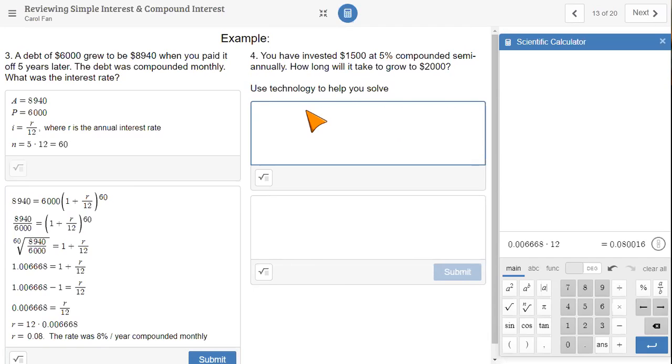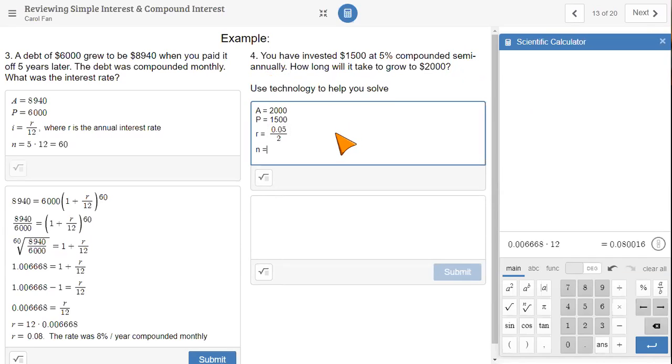Right, first, we want to know when it's going to grow to $2,000. So that's the final amount that we want. The original investment, $1,500. The rate is 5% compounded semi-annually. So 0.05 divided by 2, because semi-annual means twice a year.